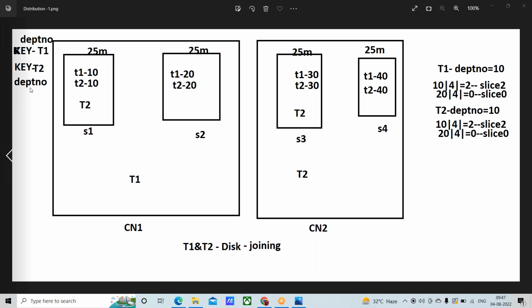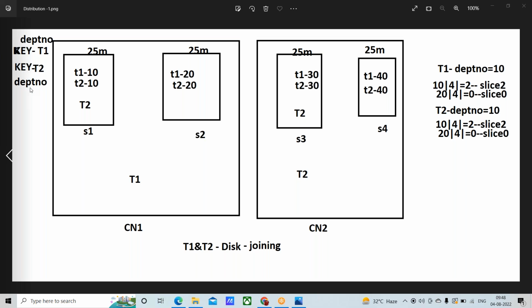The employee table has a department number column or no? Yes, sir. The department table has a department number column or no? Yes, sir.